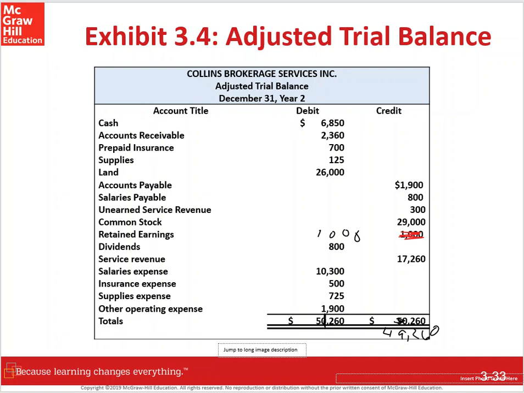So when we fix that and we move it back to where it belongs, debits go down to 50,260 and credits go up to 50,260. So anytime we put a debit or credit on the wrong side, it's going to create double the difference. So we always want to find our difference and divide by 2.